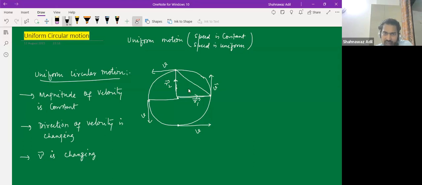So this is delta R. So what would be the velocity? Let's say the time taken is t. So what would be the velocity?